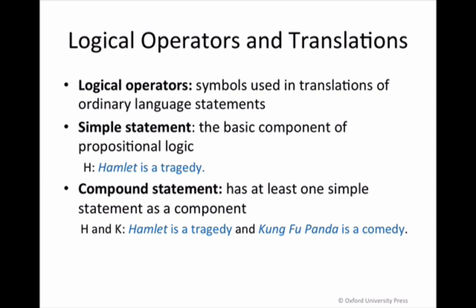K stands for Kung Fu Panda is a comedy. You can put those two simple sentences together by way of the connective and. Now what we need to do next is replace the connective and with the symbol that stands for and. That is the logical operator for the connective and.